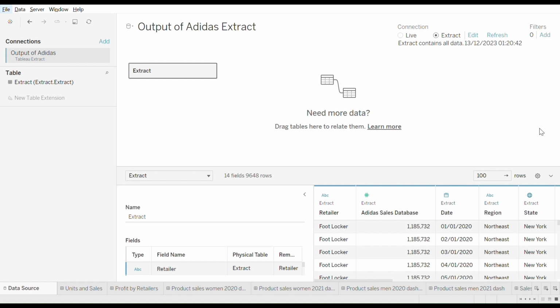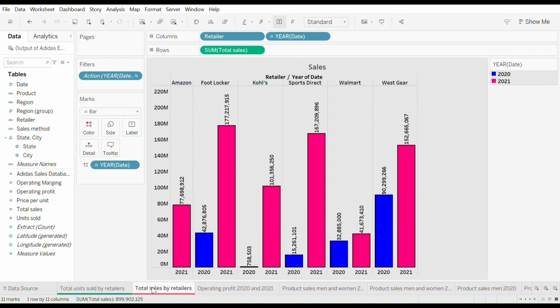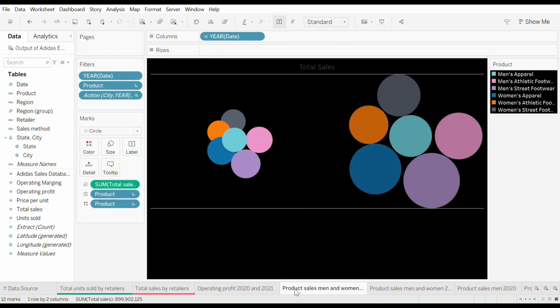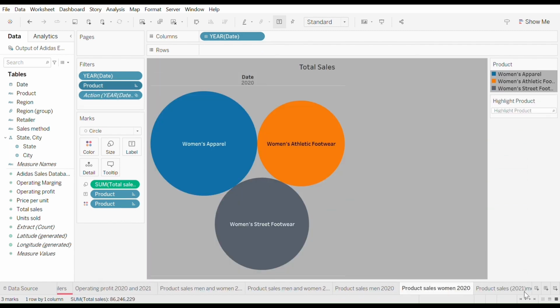So initially I cleaned the data, transformed the data, and I got the data from Kaggle, so I'll put a link in the video. After cleaning, I created my various charts in regards to the analysis I was doing.